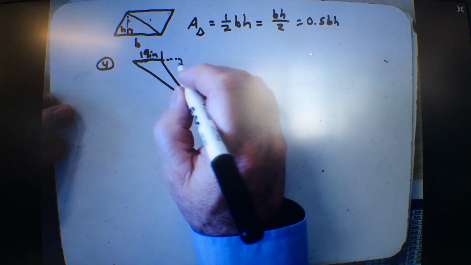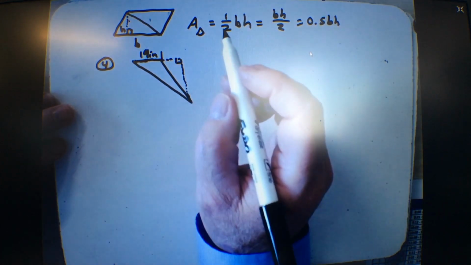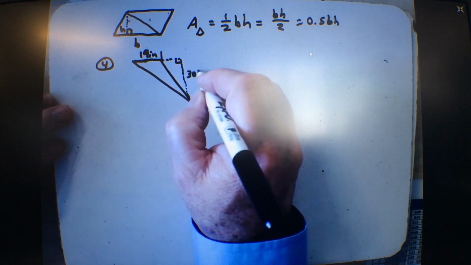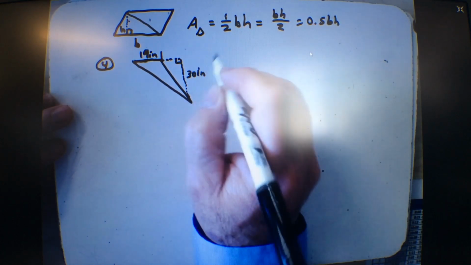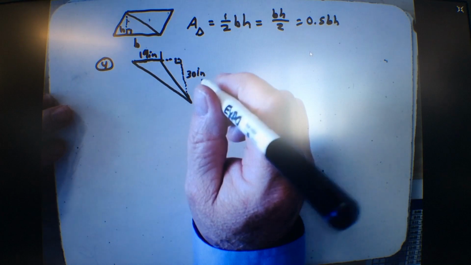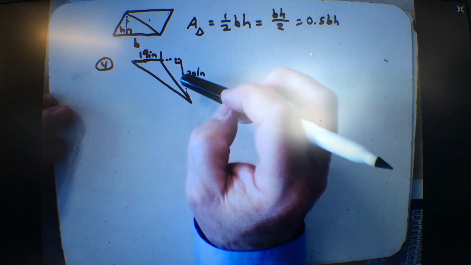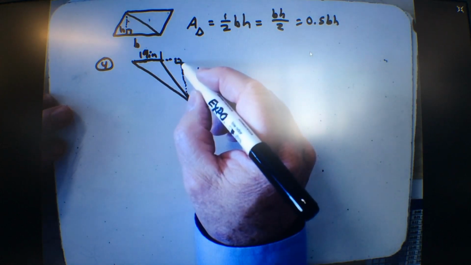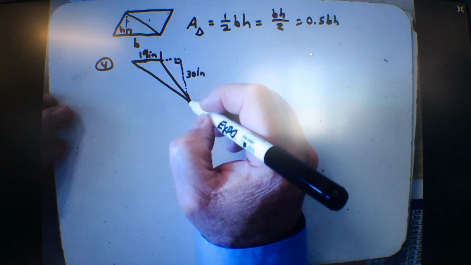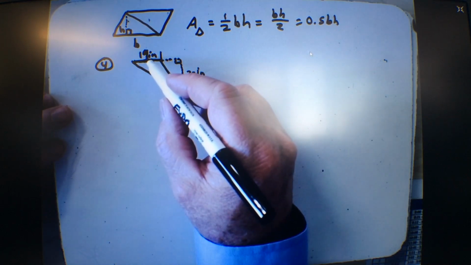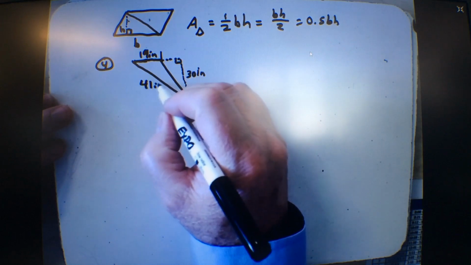What did I create? Well, no, I didn't. My bad. This is 30 inches. What is that value? That is the height of this triangle. It's from this side to that point. This is still the base, right? This is 41 inches.